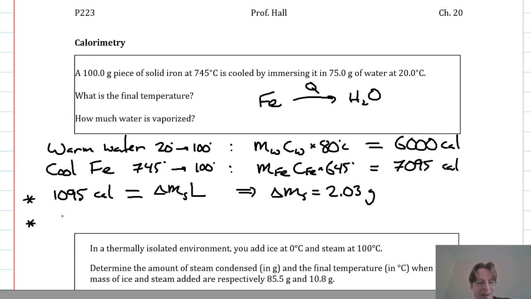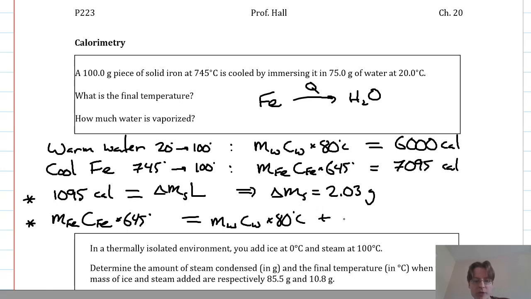Another, maybe more systematic way is to set the heat which leaves the iron, that is mass of iron, C iron, times 645 degrees, equal to the heat which enters the water, which is first the warming part of the water, m c delta T, plus the delta m L part of it.